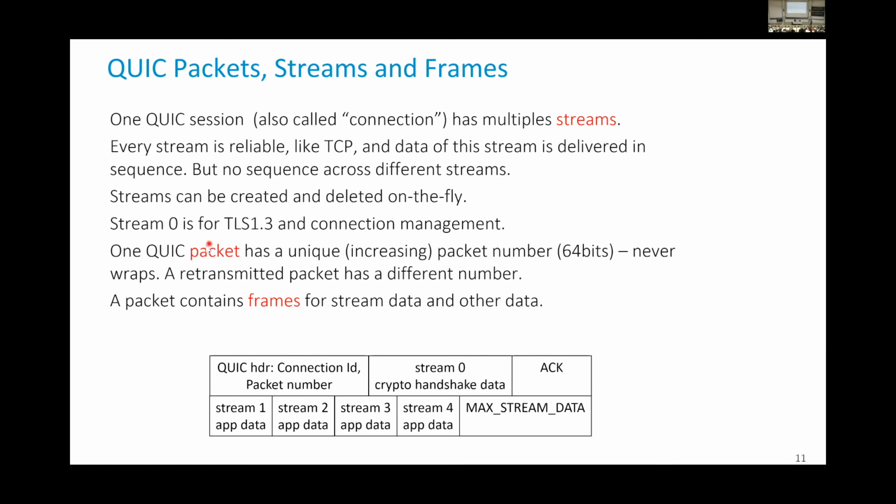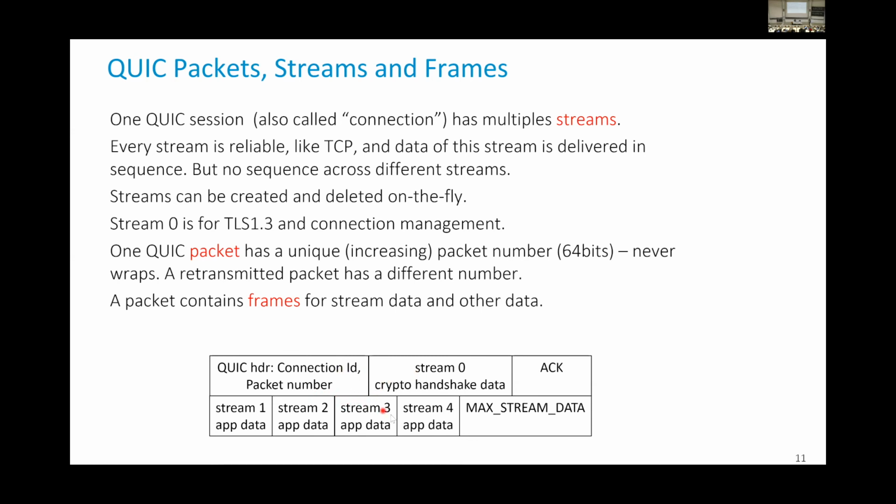Still, one QUIC packet can contain data of multiple streams, though very often not, because a QUIC packet has a given size, 1280 bytes minimum, up to 1500 if the path MTU allows.